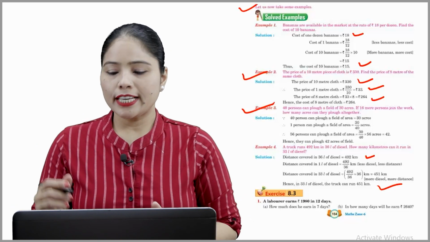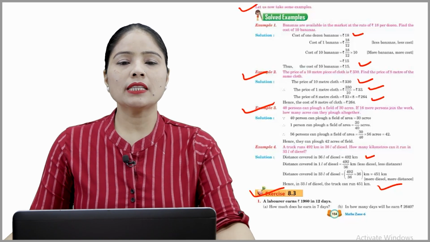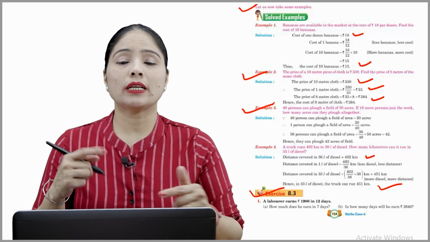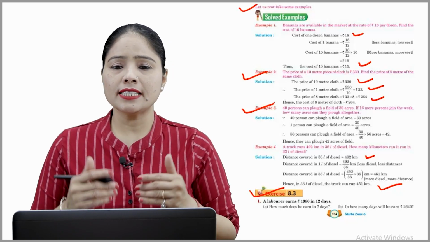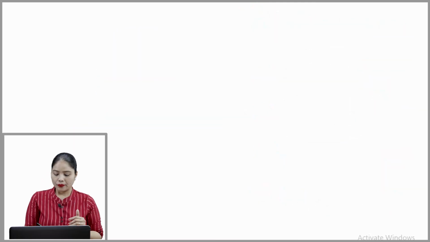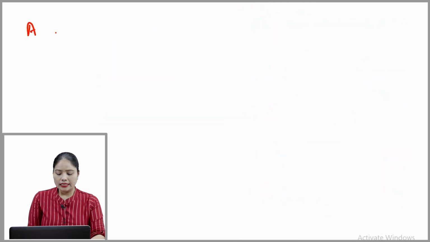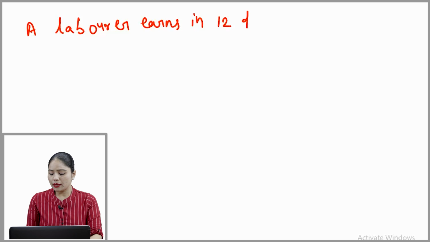Now exercise 8.3. A laborer earns rupees 1980 in 12 days. So the first part is, how much does he earn in 7 days? Okay beta. So let's start with that. A laborer earns rupees 1980 in 12 days.